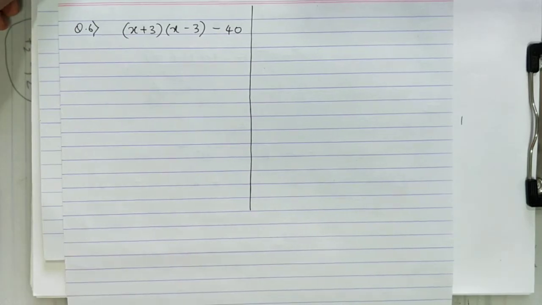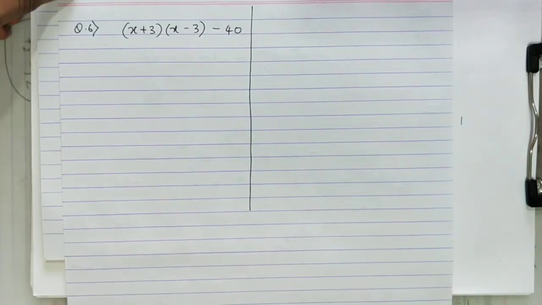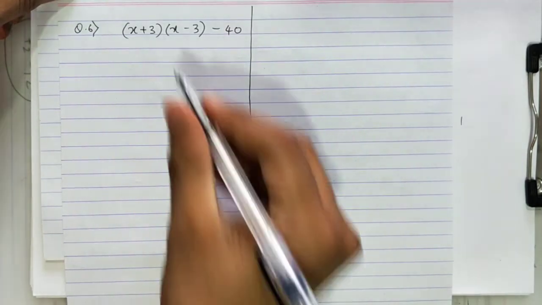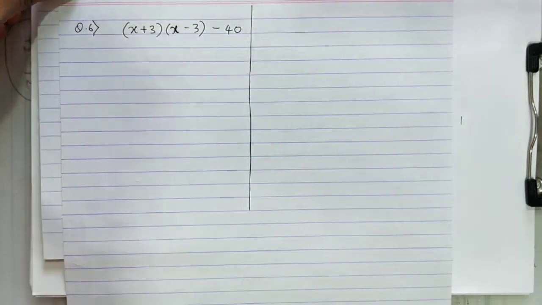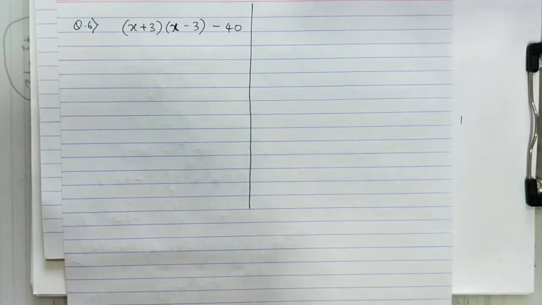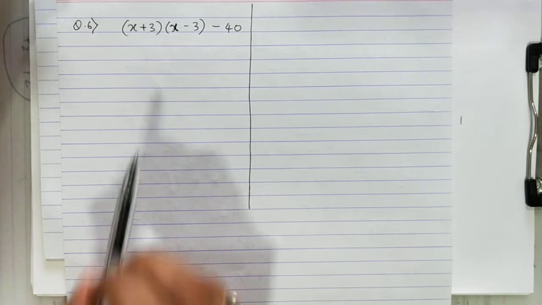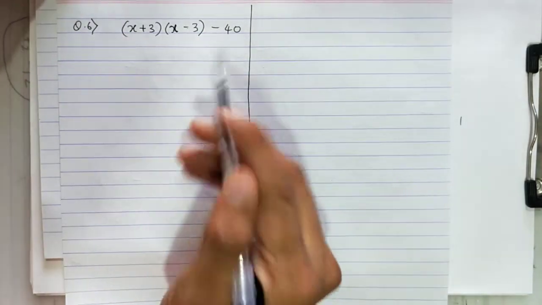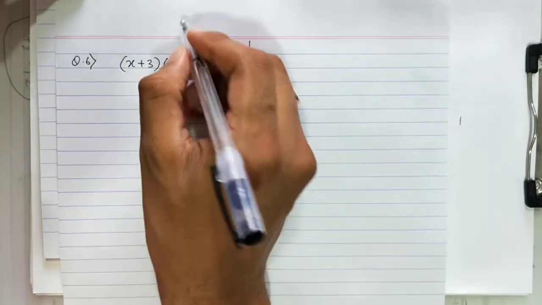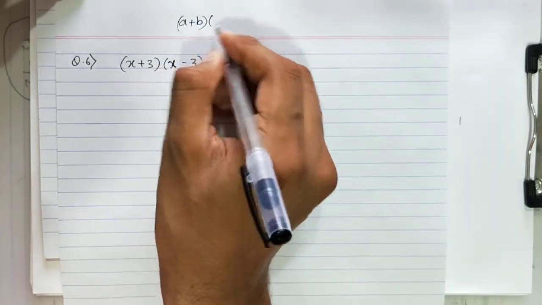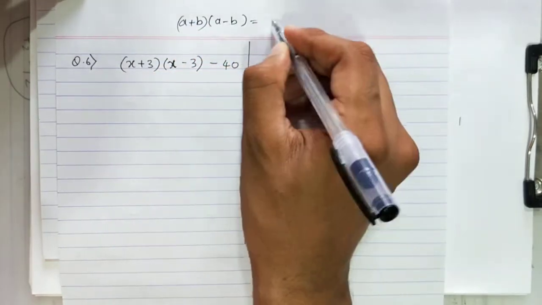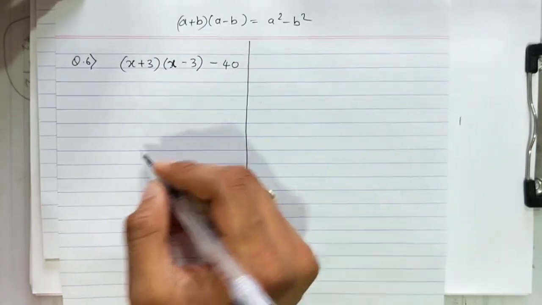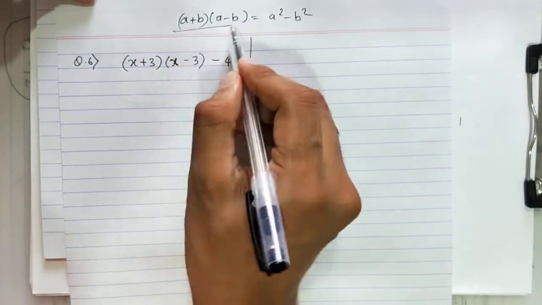Next question. In this question, observe carefully. We have already been given x plus 3, x minus 3. What is the formula? A plus b, a minus b is a square minus b square. So here it is already given in this form.